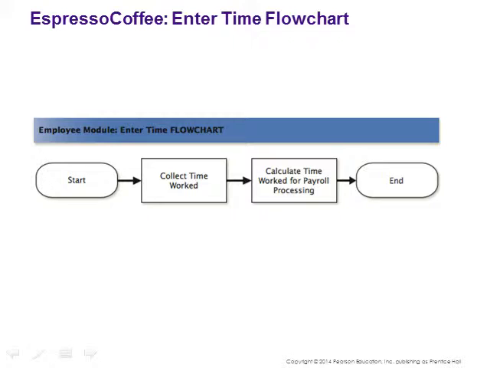And we can see this is very high level, and it really provides us with little insight, even from an accounting perspective, on the process flow of this payroll cycle and how we achieve the objective of collecting time, processing payroll, and then paying the employees.